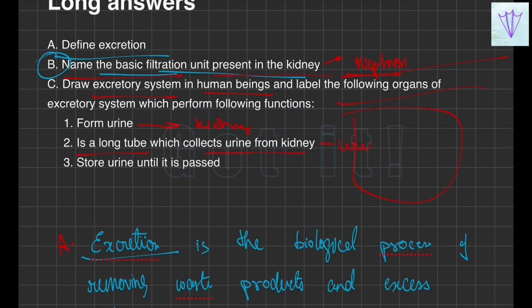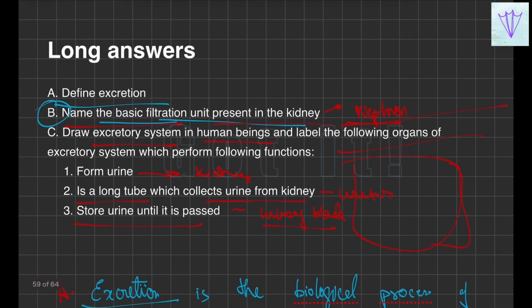It is the ureter. We have already seen all this in the previous question itself. And which one will store urine until it is passed? That is the urinary bladder. So you have to label this in the diagram which you have drawn, and then you are sorted with the 5 mark or 4 mark question.